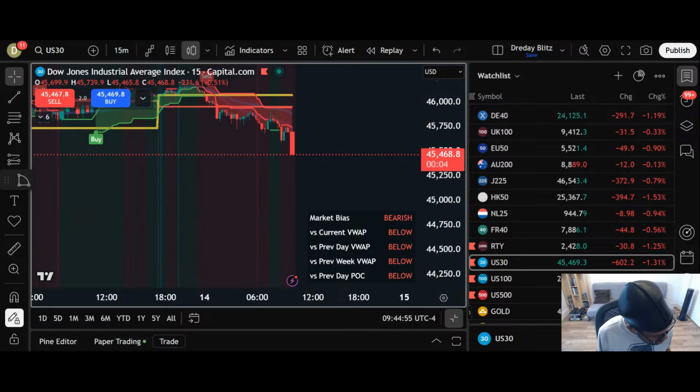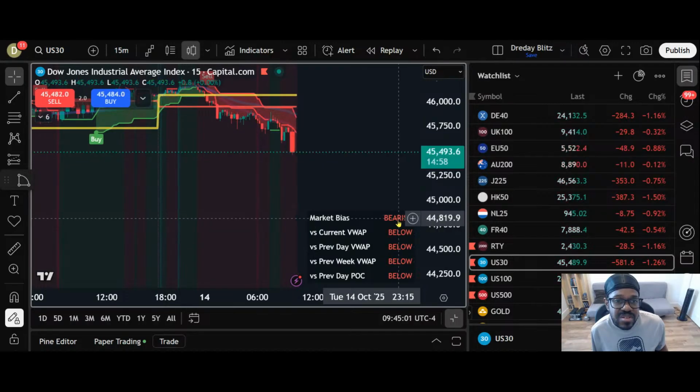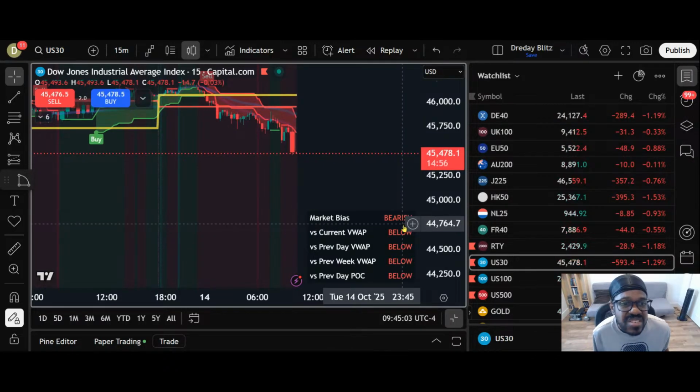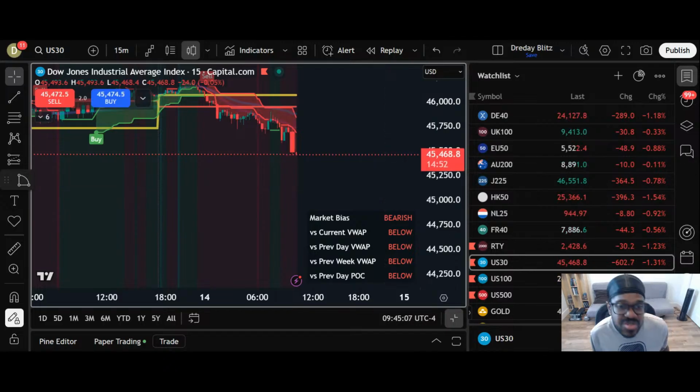So we have a new candle that's coming in here in a couple of seconds. So we'll see exactly how the market's going to react off of it.